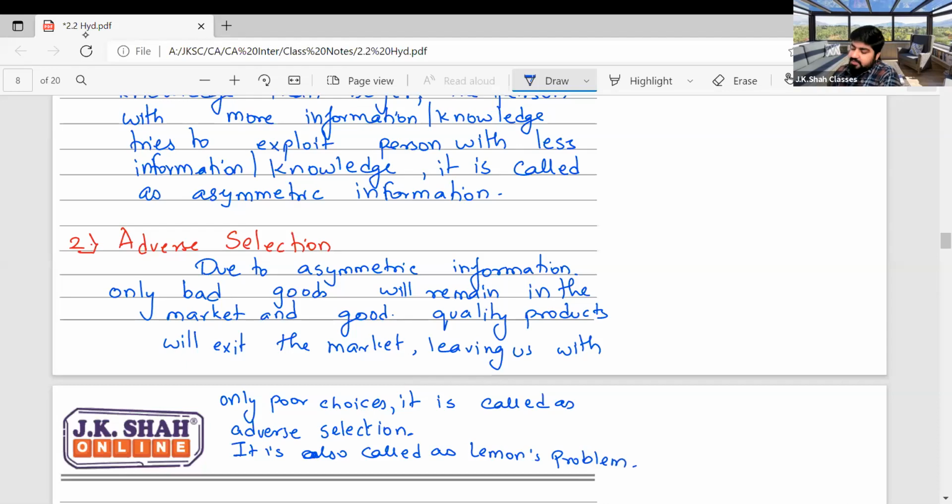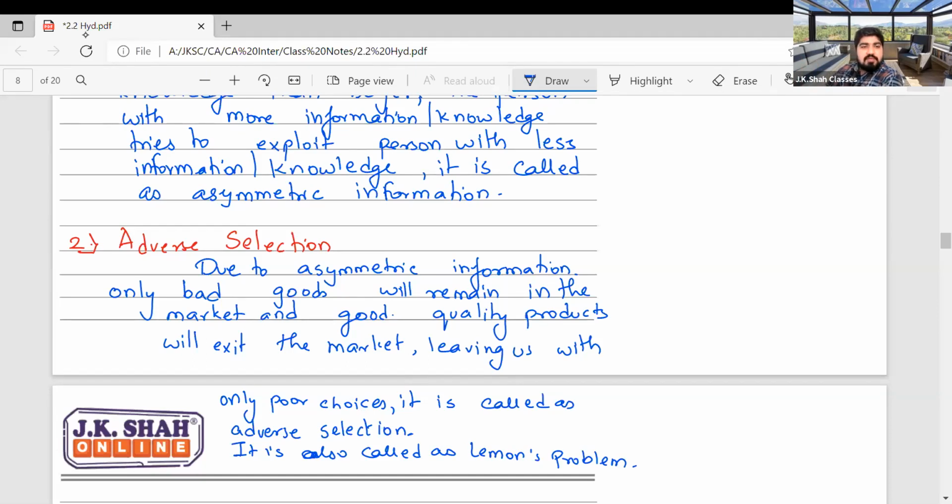So in your examination, if they ask the question lemons problem, remember you have to write adverse selection only. And those who are asking for examples, first understand the concept. You will definitely understand, more examples I'm going to give you. Now, once you are left with only bad products in the market, adverse selection.